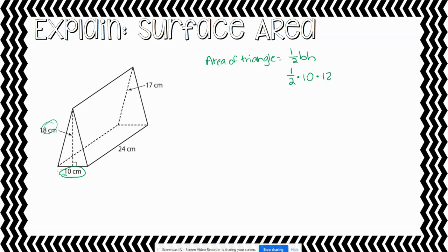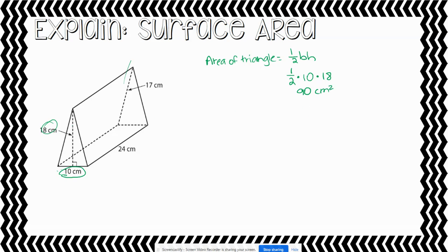So 1/2 times 10 times 18. Well, 1/2 times 10 is 5, and then 5 times 18 is 90. So the area of the triangle is 90. So this is 90 centimeters squared just for the triangle.